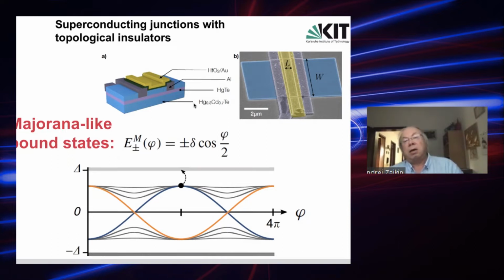It is widely believed that in such a system you have a special kind of bound states which are called Majorana states.